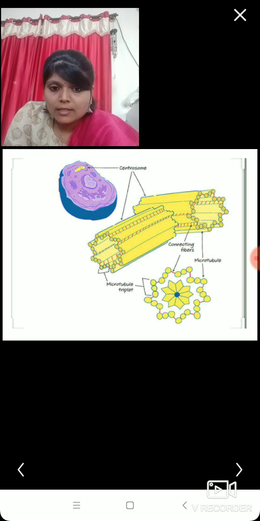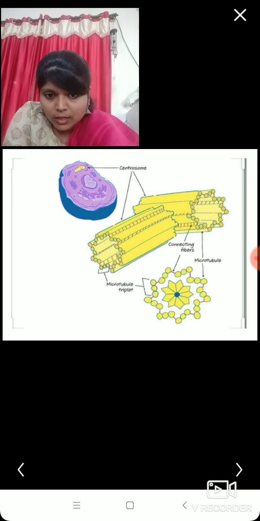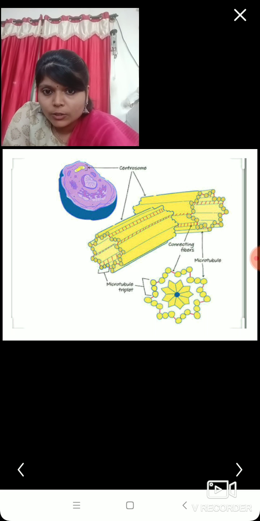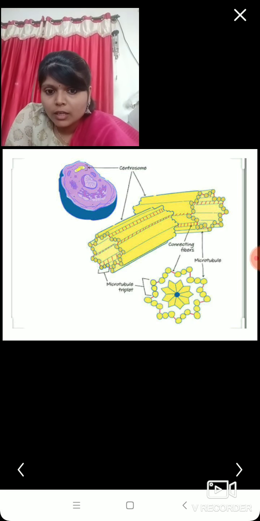If you see this diagram very clearly, there are 9 triplets arranged around the centriole, which makes the centriole. This is one centriole and the other centriole is arranged at right angles to it, near the nucleus. If you see the nucleus here, they are present near it, and they have the 9 triplets arranged.